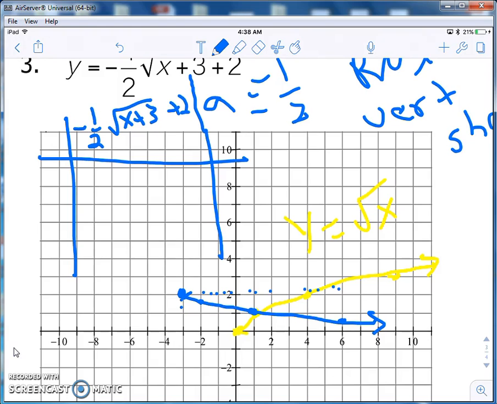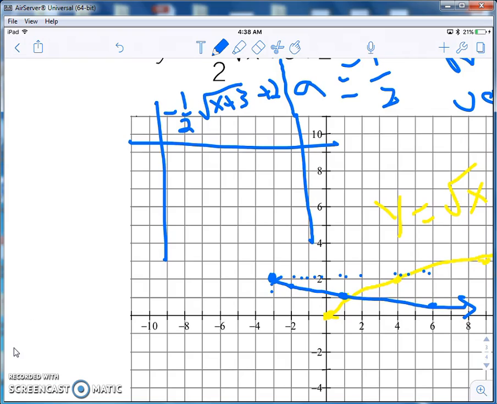How crazy is that? So remember that I'm looking at this x plus 3. To get 0 in for x plus 3, I need x to be -3. So -1/2 times the square root of -3 plus 3, which is 0. So I have 0 plus 2, and y is 2.